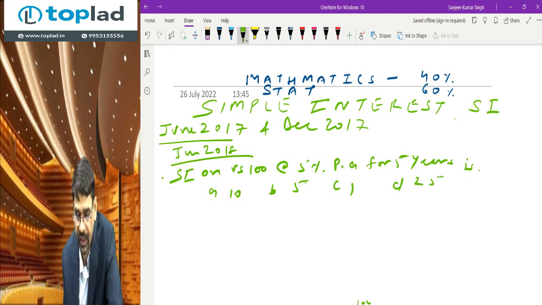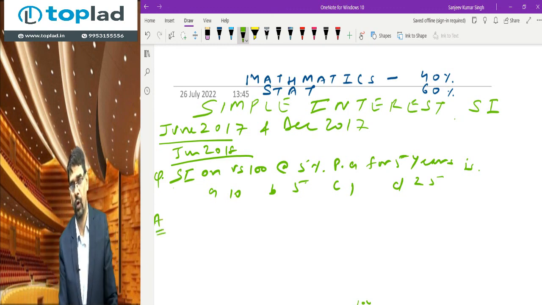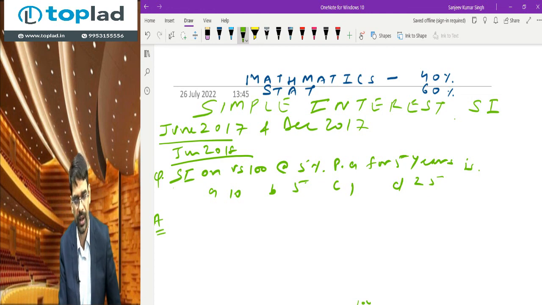I will give you 5 minutes. Each and every student attempt this question and follow my steps. Simple interest on rupees 100 at the rate of 5% per annum for 5 years is, which one is the correct answer? Either 10 is correct, 5 is correct, 1 is correct, or 25 is correct.